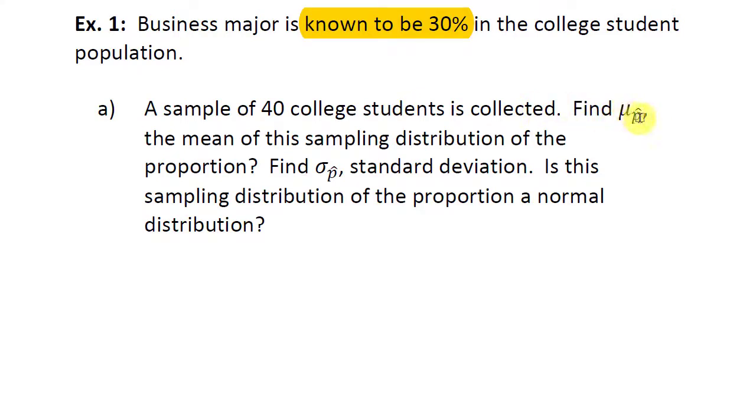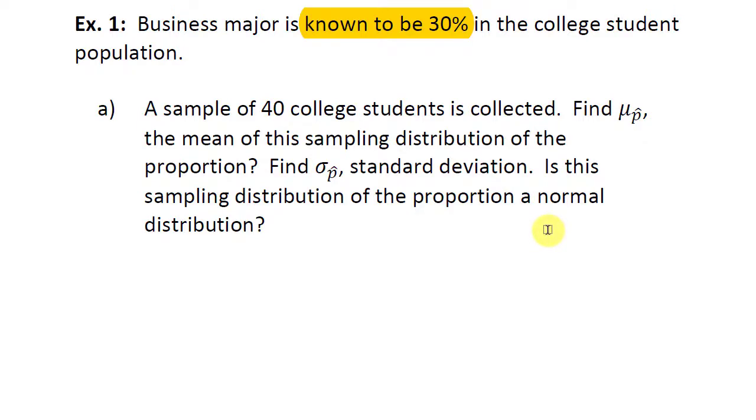Find mu p hat, the mean of this sampling distribution of the proportion. Then we want to find sigma p hat, the standard deviation of that same sampling distribution of the proportion. And the third part of this question is: is this sampling distribution of the proportion a normal distribution?